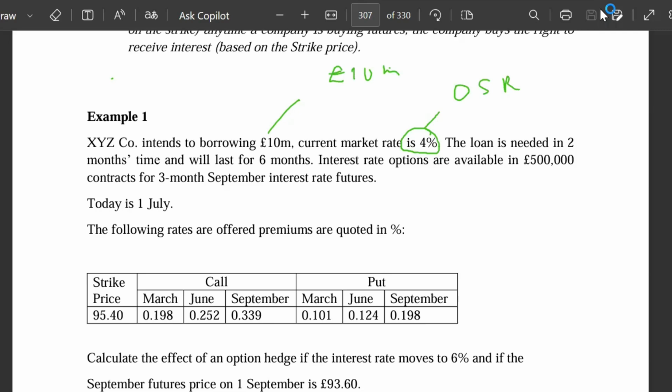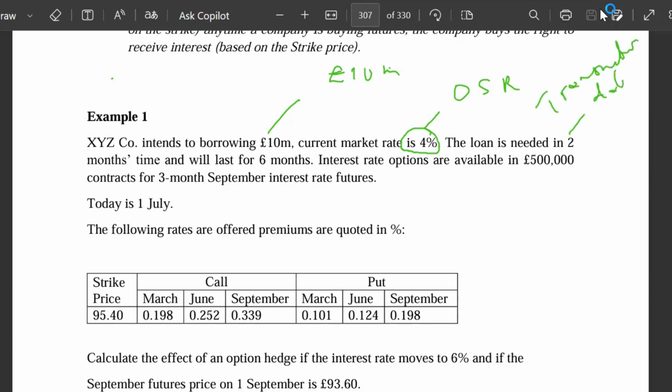The loan is needed in 2 months' time and will last for 6 months. The 2 months' time signifies the transaction date.